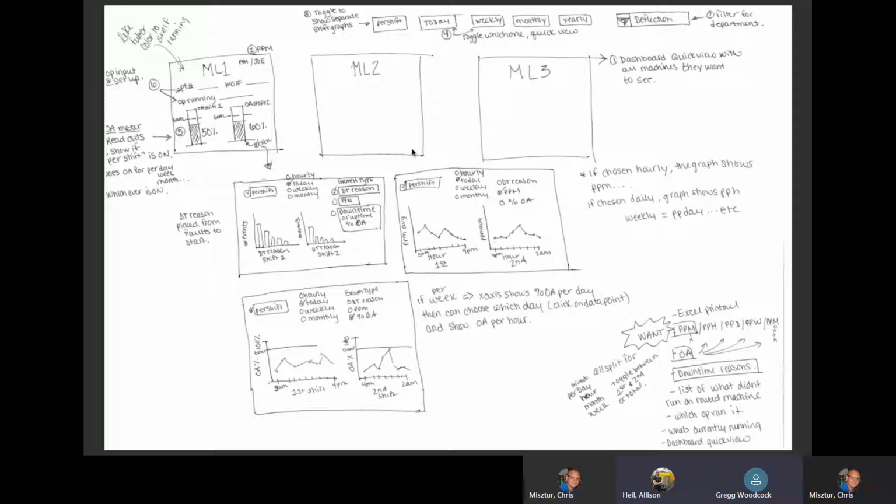What they're really looking for is a dashboard with all of their machines in one location, so that they just have to go to it and they can see the status of their machines. So the idea is that you would be able to see all of the machines in little boxes with the machine names. So in this picture, it's ML1, ML2, ML3. Those are the machine names.